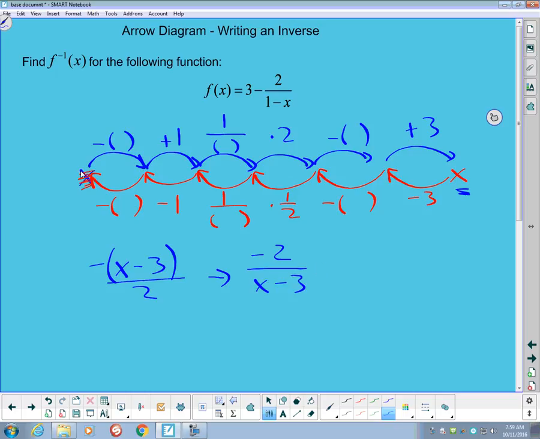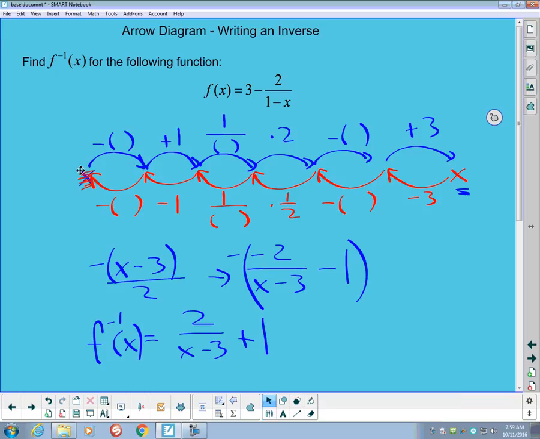We're going to subtract 1 from that, and then we need to change the sign on that whole thing. So simplifying, that would give us 2 over x minus 3 plus 1, and that should be our inverse function. And so the inverse is 2 over x minus 3 plus 1.